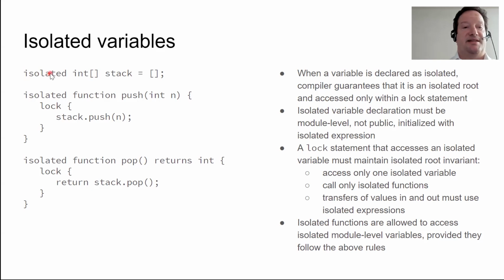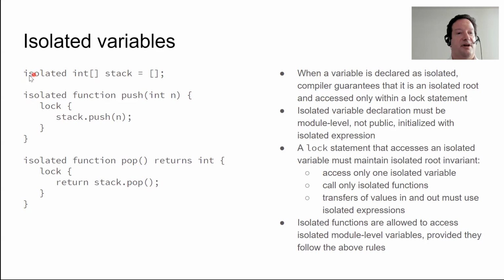When you have an isolated module level variable, first of all, you're not allowed to have it be public. Second, the compiler will check that this variable is only ever accessed within a lock statement. So if your module variable is declared as isolated, you can only access it within lock.